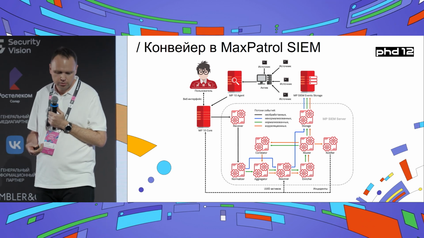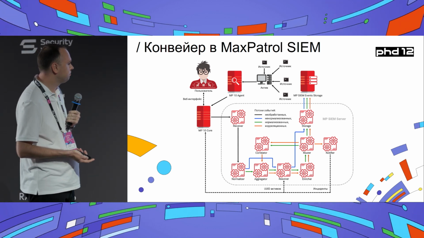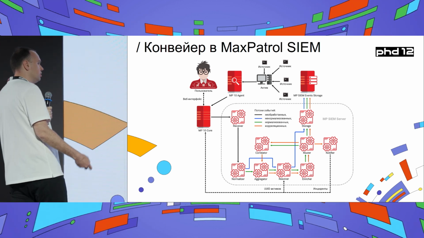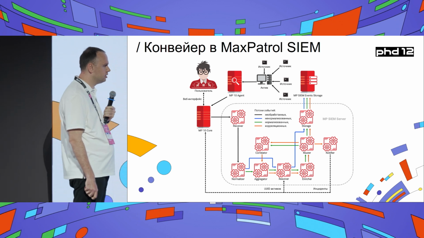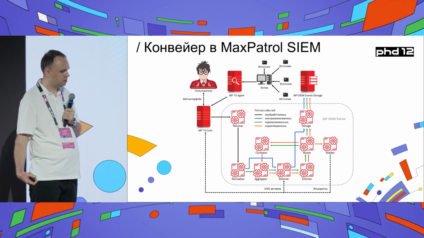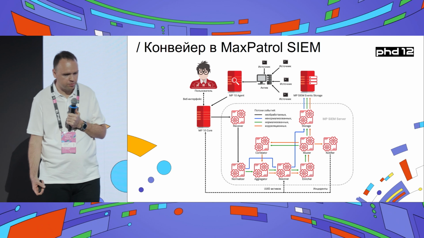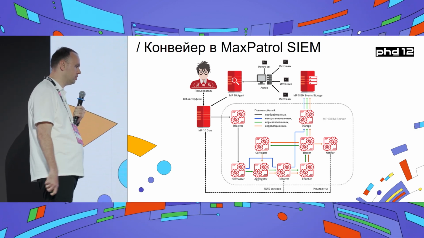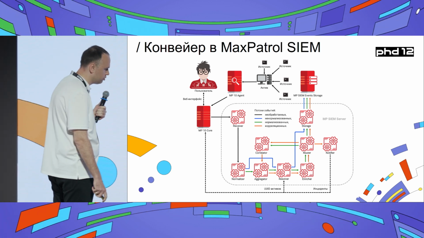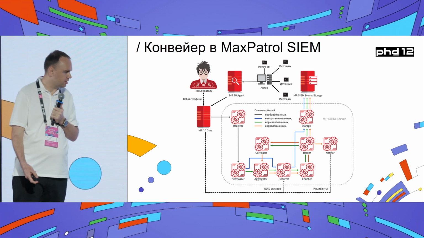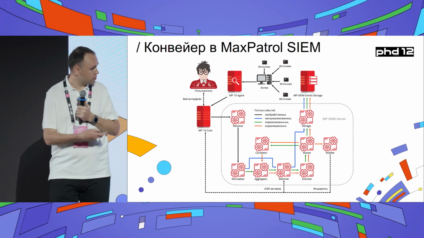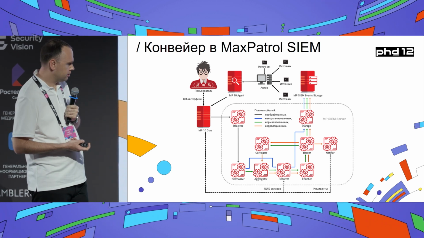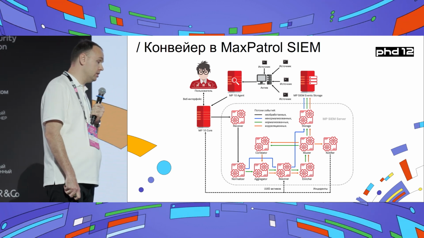Here's how a correlator works in our product Max Patrol SIEM. And you can see that there are other entities, business entities, around the processing engine. And the engine are analyzer, enricher, resolver, and router and correlator.